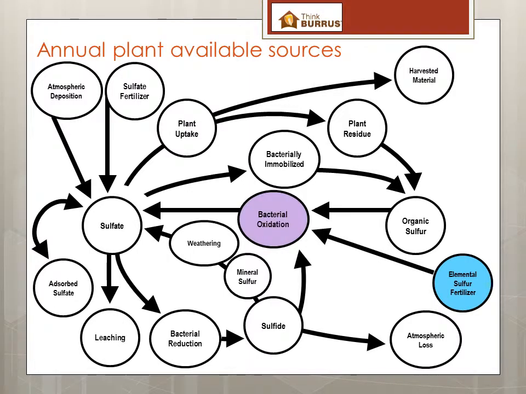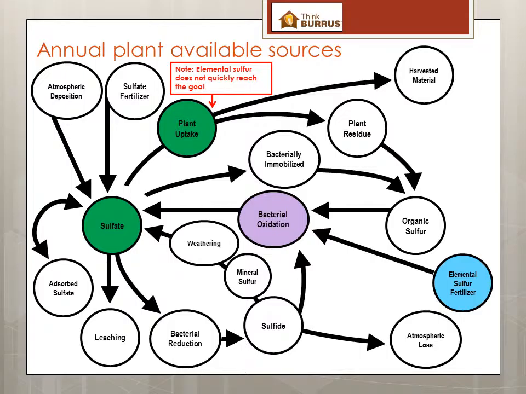Just like with organic sources of sulfur, we have to have bacterial oxidation. And we talked about what that was last time. If you don't remember some of these terms, it might be worth going back and watching the previous session. And only then, after bacteria have oxidized that sulfur, after they've formed sulfate, do we have that opportunity for plant uptake.